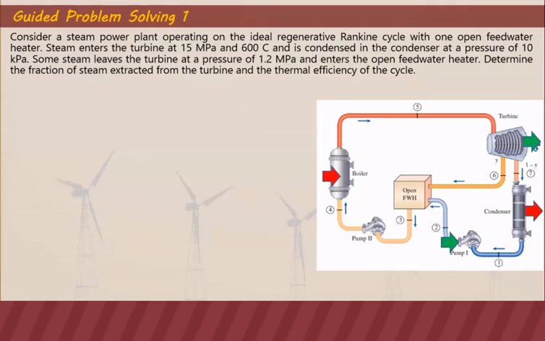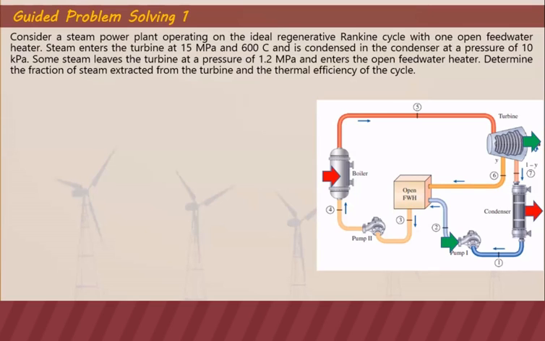Here are some problems related to ideal and actual regenerative Rankine cycle. We are given in guided problem solving number 1 a steam power plant operating on the ideal regenerative Rankine cycle with one open feed water heater.